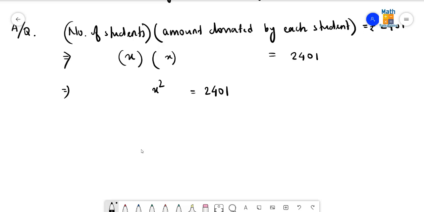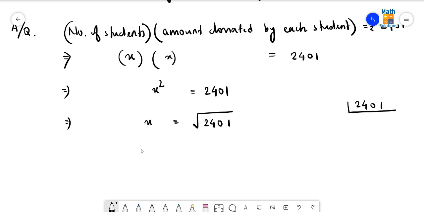So the next step is, I have to find the square root of it. That means X will be equal to the square root of 2401. So by prime factorization I have to find the factors. What do I get? 2401, very clearly, is not divisible by 2. Then it is not divisible by 3 also. By 5 also it is not divisible.